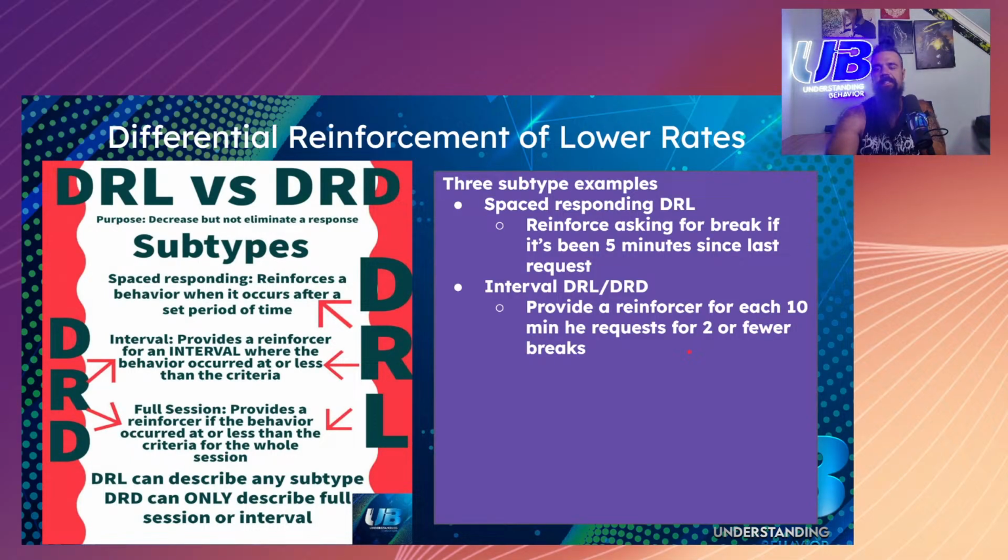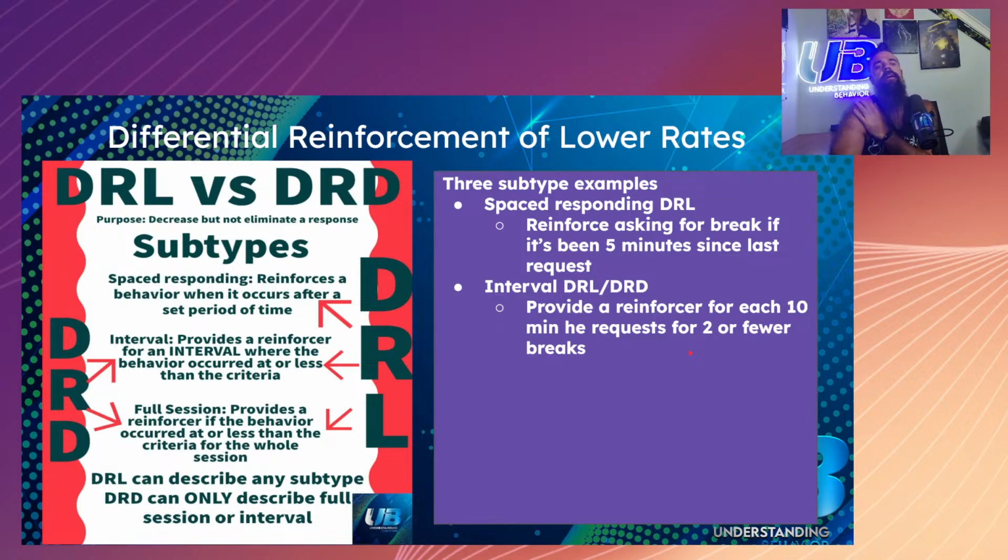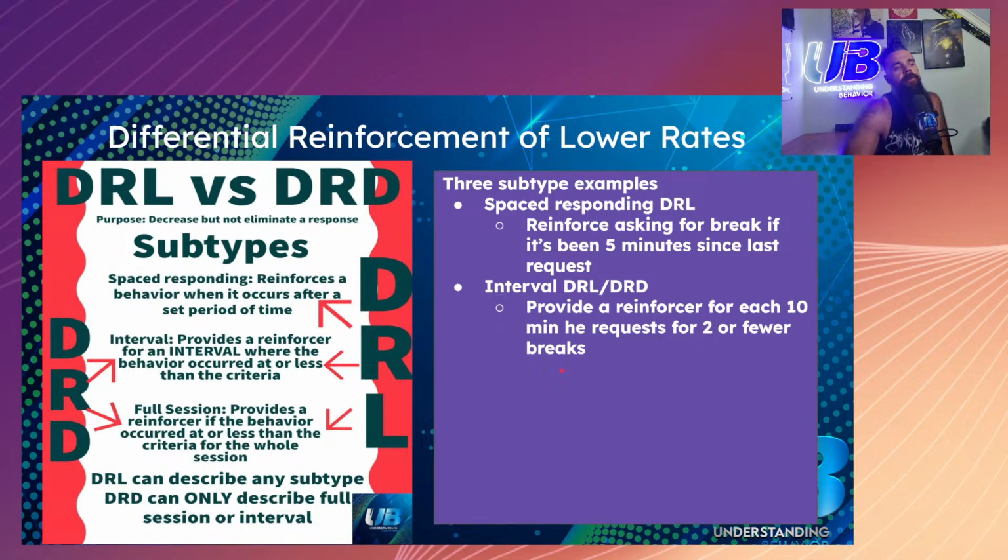So we can split that up and set the criteria for each interval, and then there's a reinforcement opportunity in each interval. If we wanted to fade out our interval DRL, there are actually 2 different ways to do this. The first way is that we could reduce the response requirement.